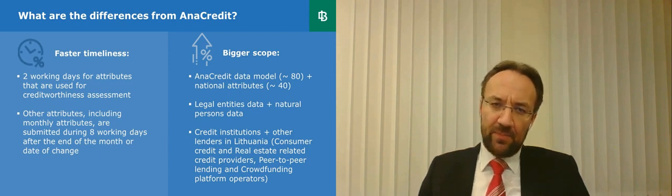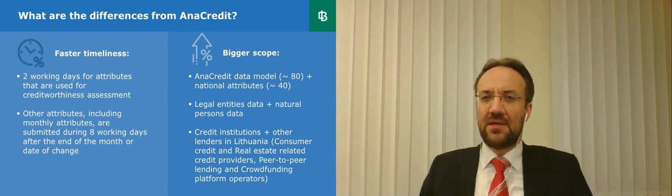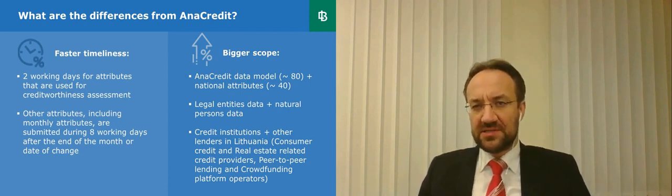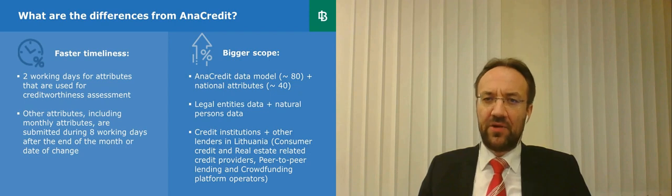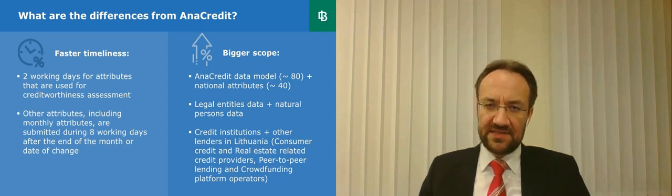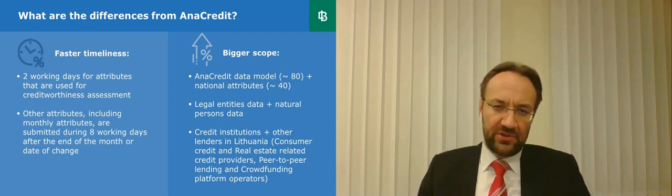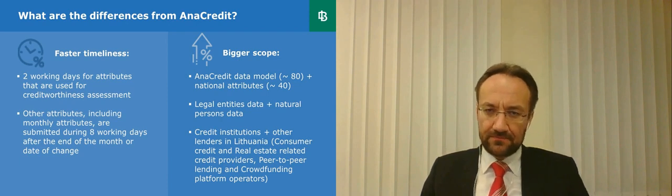And this plays an important role because all this data goes into responses to queries made by reporting agents in order to assess the credit risk of their potential and existing borrowers.